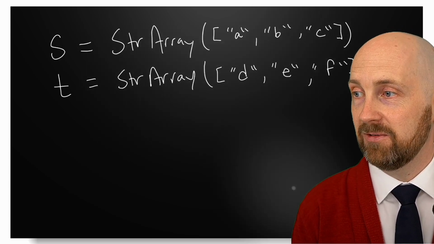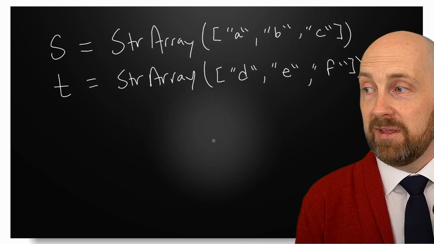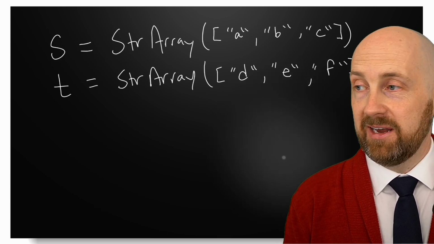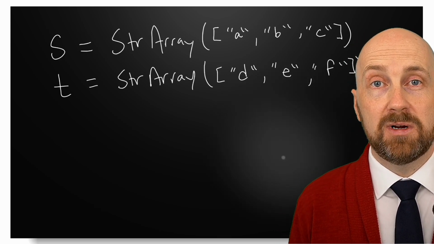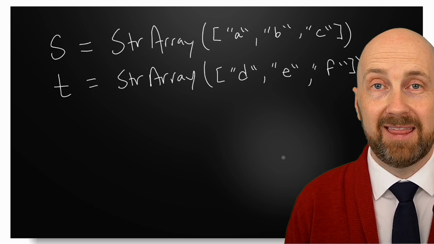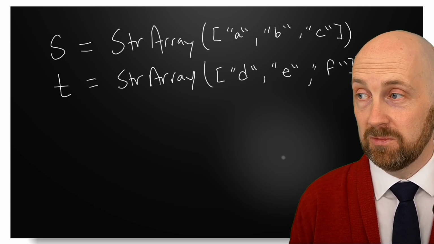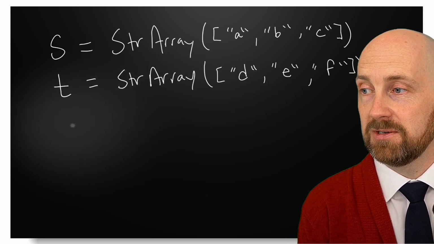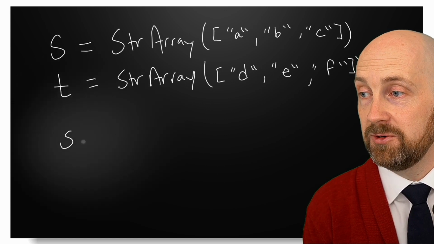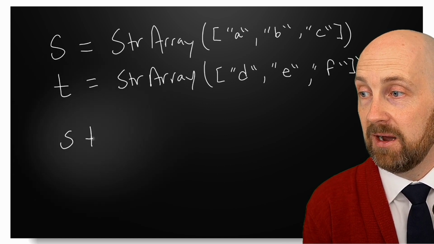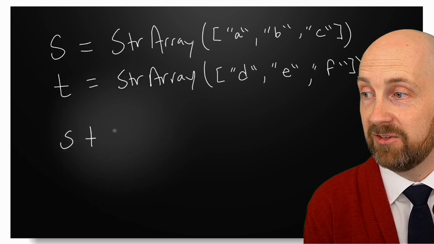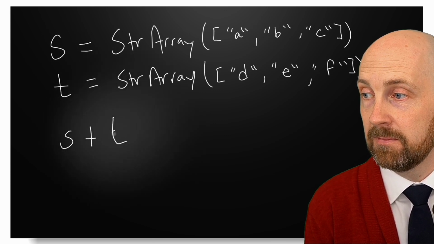What are the types of operations we would like to carry out? Well, we're going to implement two operations here that we can think of as very similar to a vectorized operation. First, we would want to be able to add these two string arrays together. So what is S plus T?